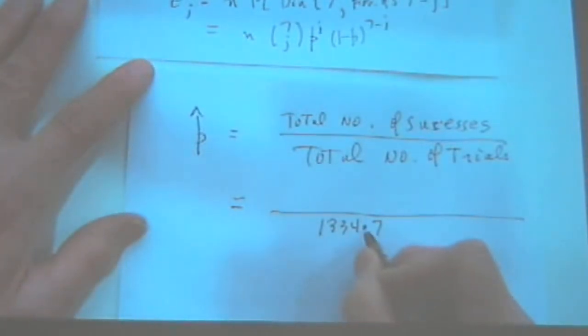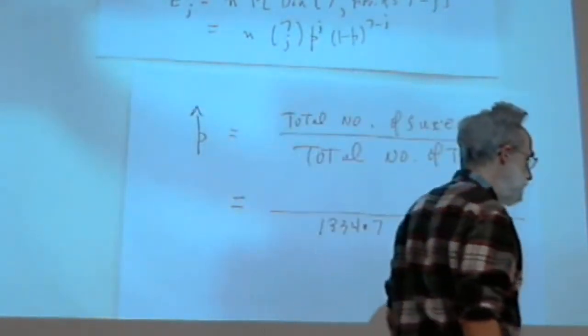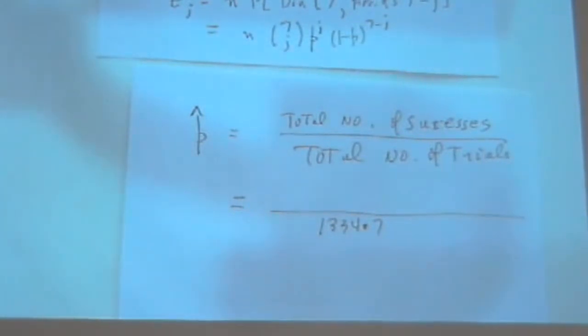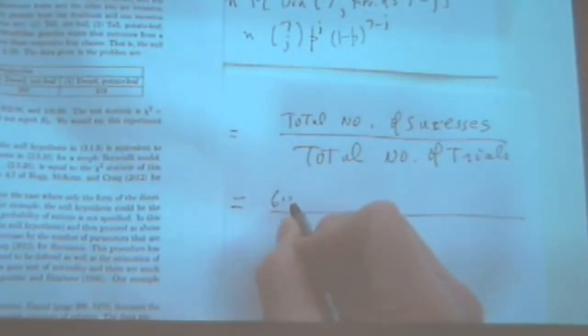So that's the number of trials in this experiment. It's that product, okay? And then what are the successes? Well, 6 had 0 successes. 57 had 1 success.